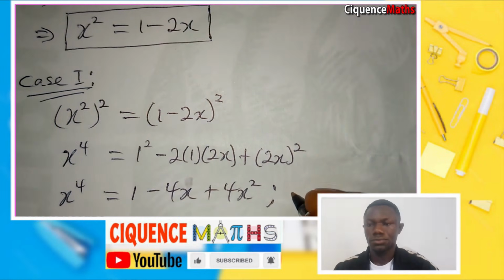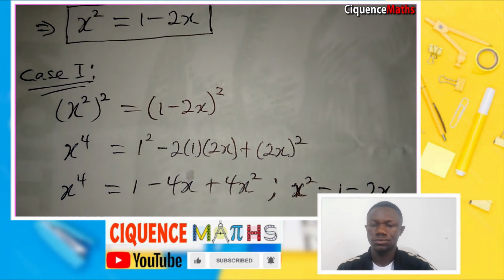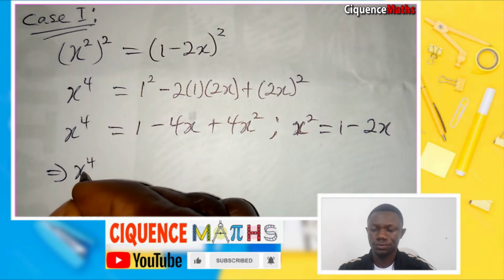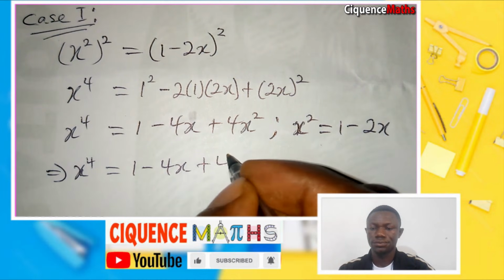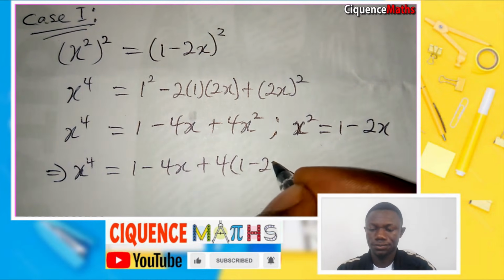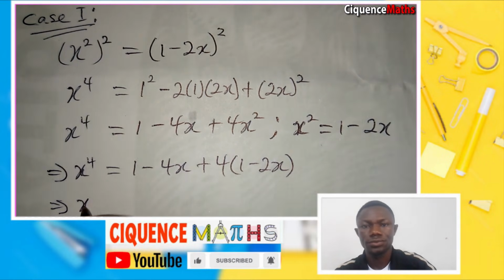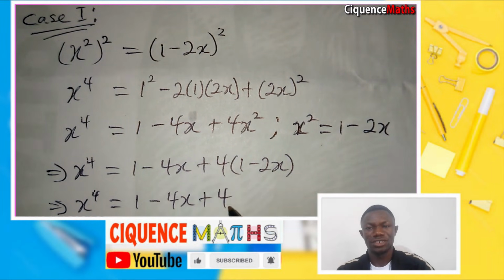Meanwhile, our x square is equal to 1 minus 2x. So x exponent 4 equals 1 minus 4x plus 4 times (1 minus 2x), that's the value for x square. So x exponent 4 will be 1 minus 4x plus 4 minus 8x.